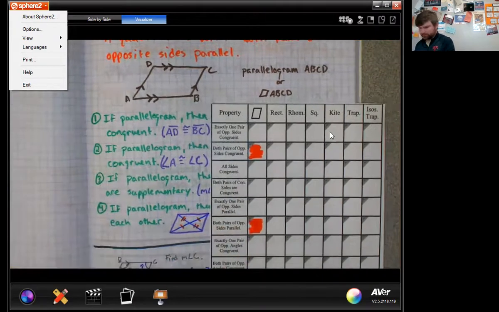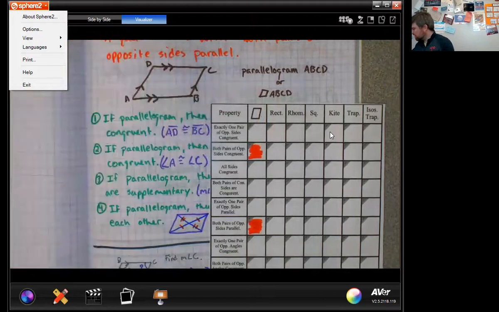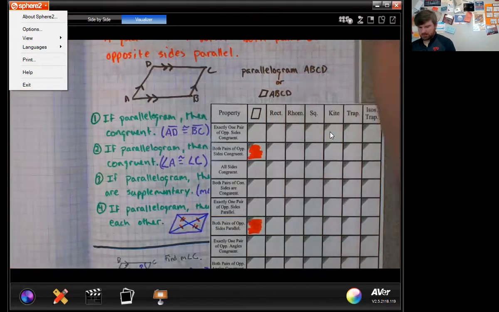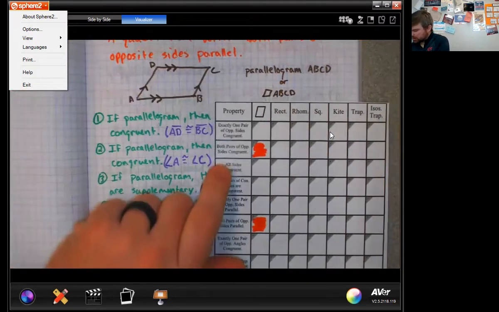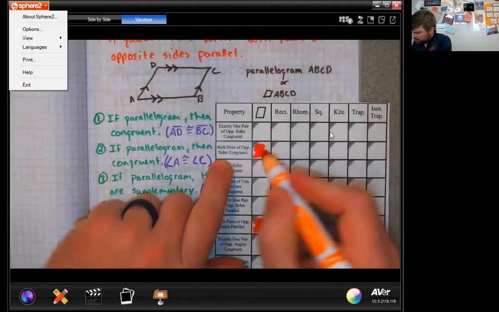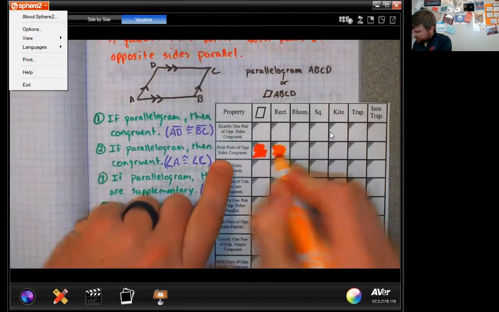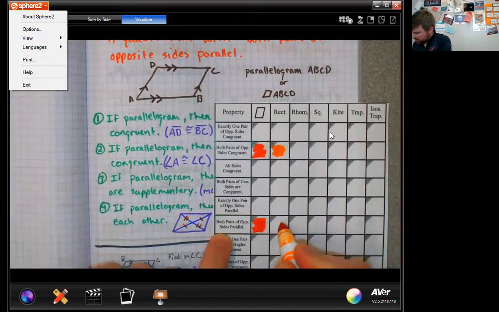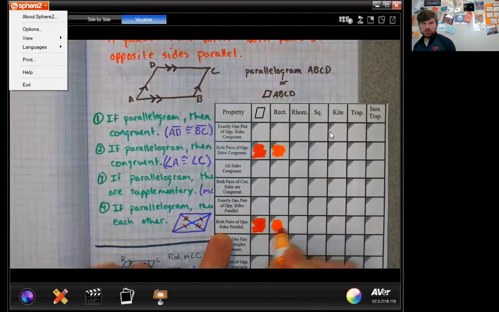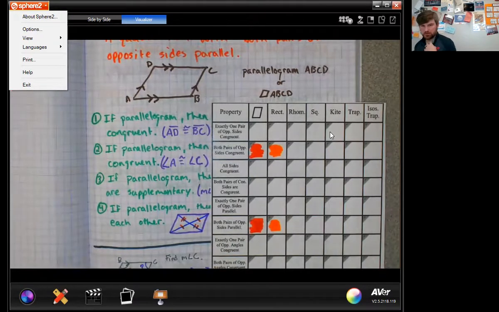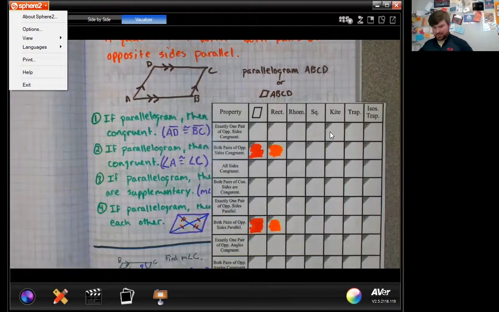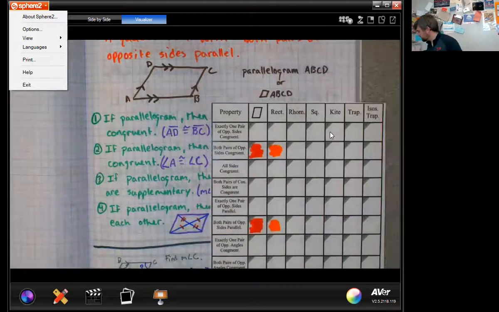And if you want, you can be doing multiple at the same time. So I know like in a rectangle, both pairs of opposite sides are congruent and also parallel. So I know that several properties will be combined in some of them.